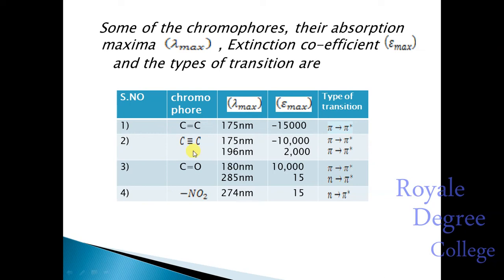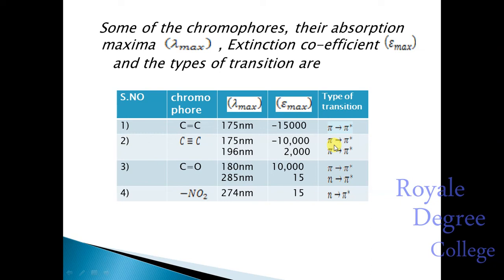Here you can see the chromophore. The first chromophore is C double bond C. Lambda max value for this chromophore is 175 nanometer. Epsilon max value for this is 15,000. Type of transition here is pi to pi star transition. Second chromophore is C triple bond C. The first lambda max value for this chromophore is 175 nanometer, for which epsilon max value is 10,000.